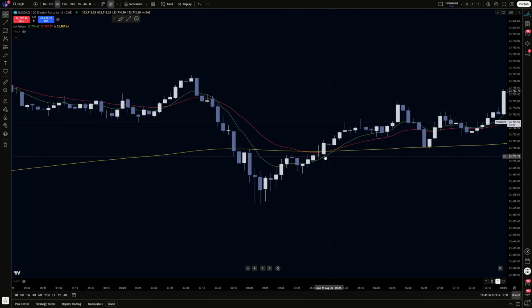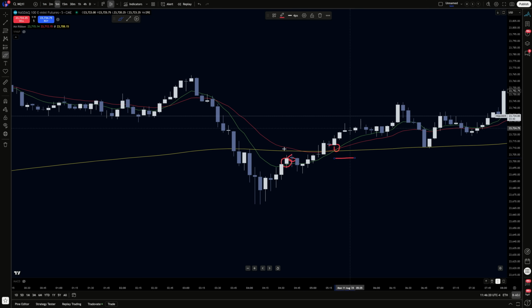Alternatively, if you're looking for an exit, you want to exit maybe here or here and not here, right? You want to preserve as much of these gains as possible. That's why I say treat the EMAs as a dynamic support and resistance line. Really, really, really simple.